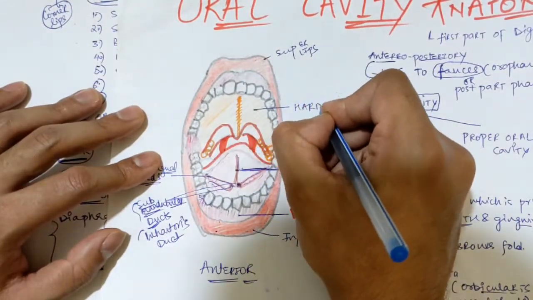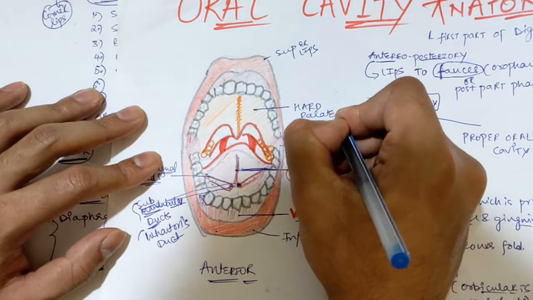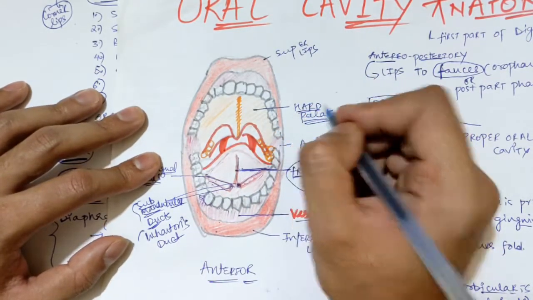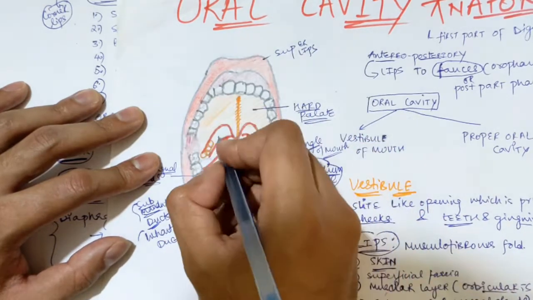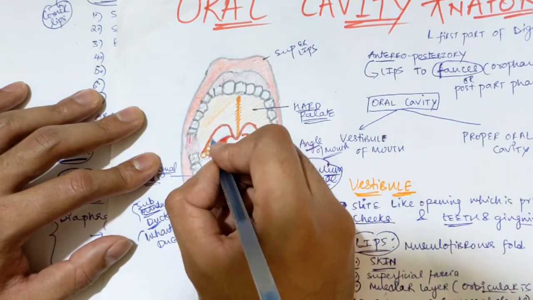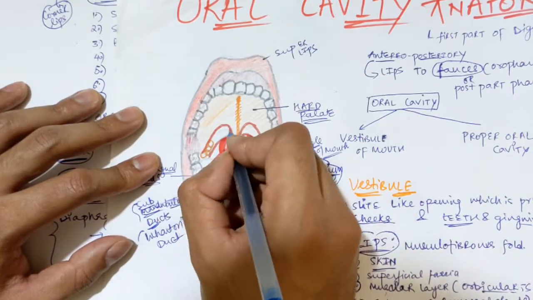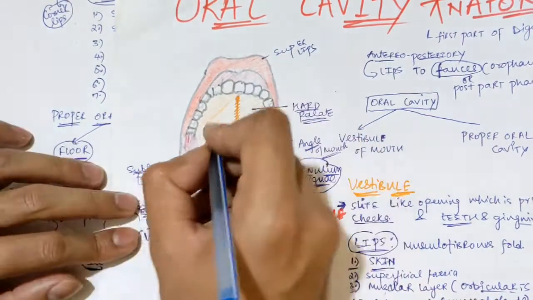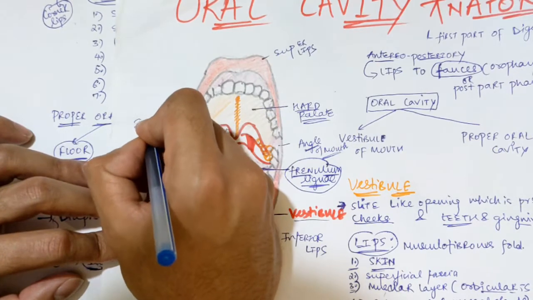The hard palate is formed by the palatine process of the maxilla and the palatine bones, so it is a hard, bony structure. The most posterior part of the roof, this area you can see, is called the soft palate, made up of soft tissues.